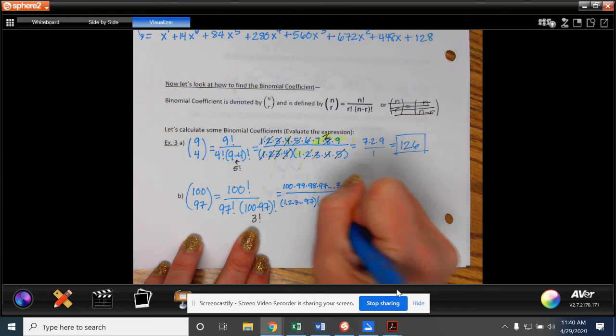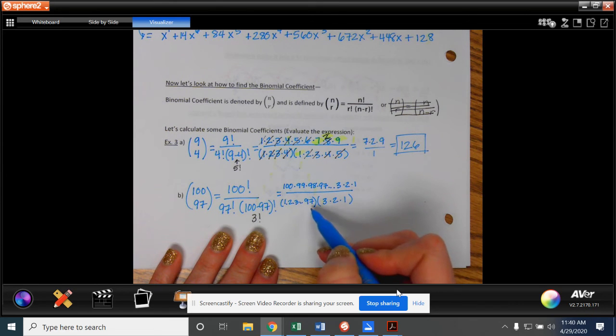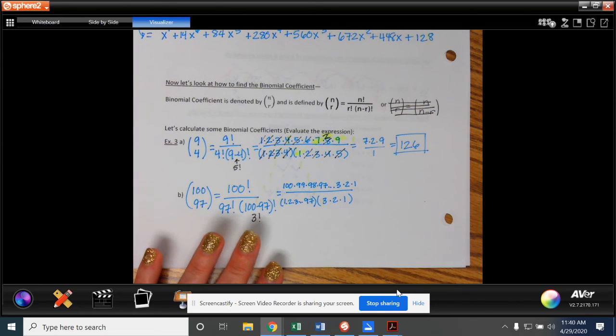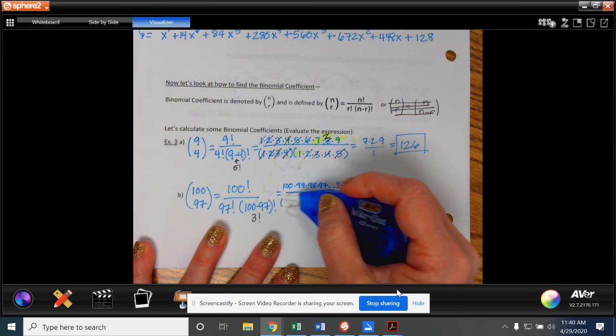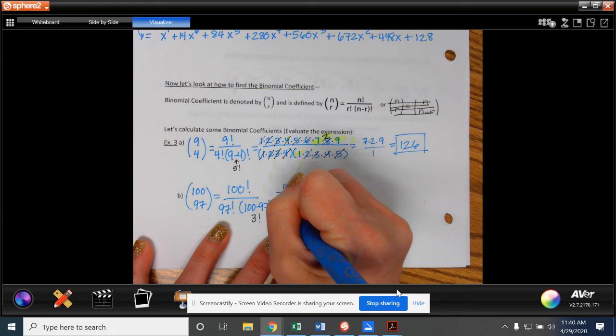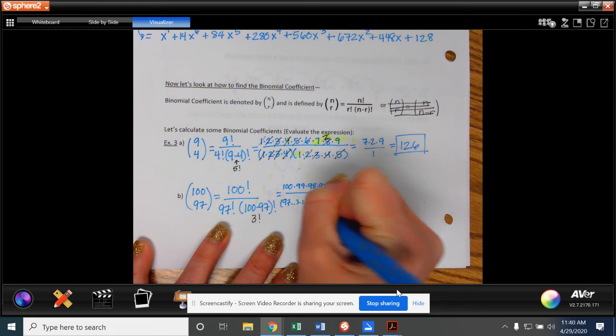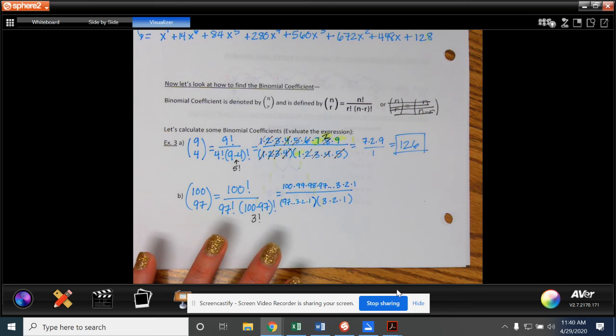So 3 times 2 times 1. Maybe I'll go that direction again. Okay, let's look at what this is. Let me rewrite that so we keep it in the same order. So this would be from 97, dot, dot, dot, down to 3 times 2 times 1. It goes all the way from 1 to 97 or 97 to 1.